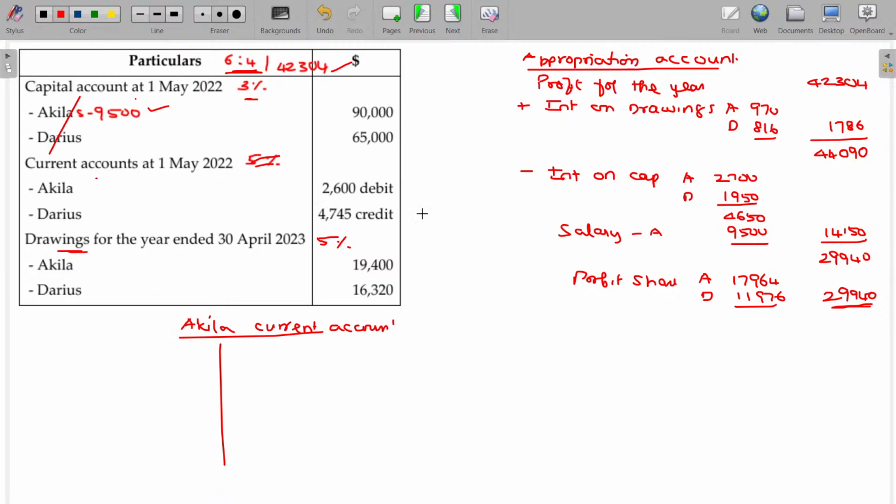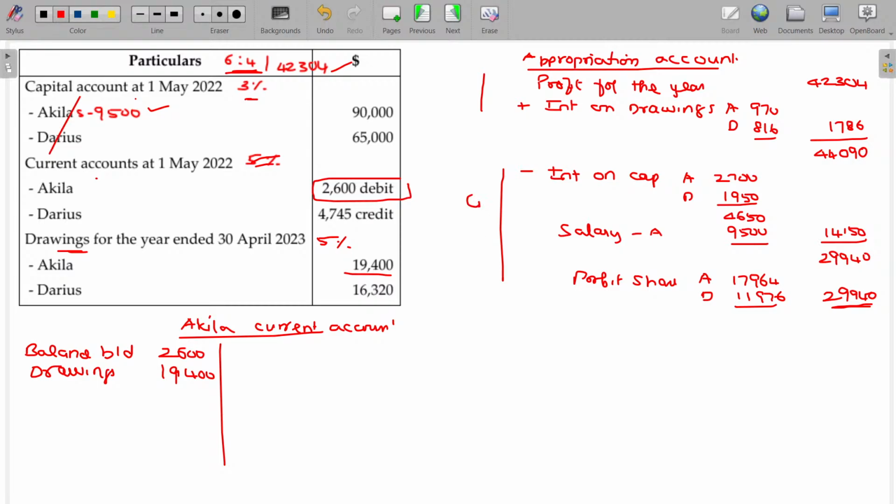We bother about current account only. Now the balance is 2,600 debit. So the value should be posted in the debit side. Balance brought down. And don't forget to add the drawings immediately in the debit side. Drawings 19,400. This value should be in the debit side.